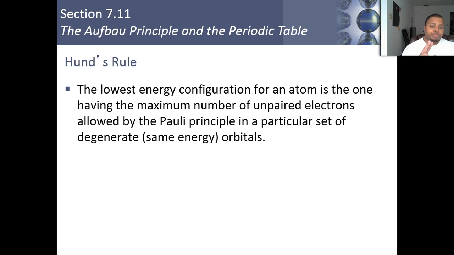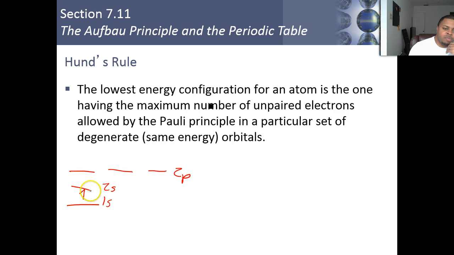The second rule that we look at is called Hund's Rule, which basically says the lowest energy configuration for atoms is having the maximum number of unpaired electrons allowed by the Pauli exclusion principle. In other words, if I'm looking at here, this is my 1s, this is my 2s, and 2p.